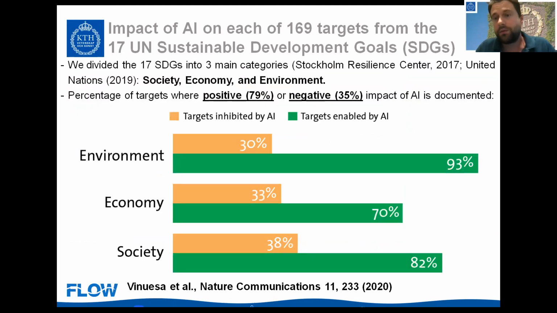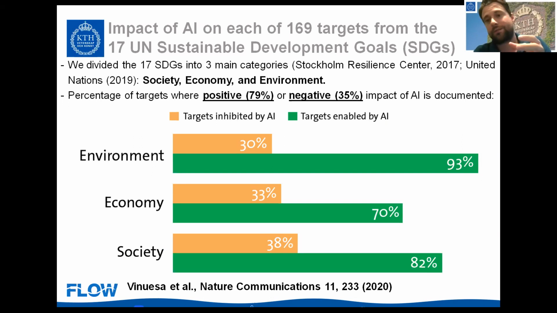And what we found, following up on how AI can affect very diverse areas, was that from the 169 targets that we have in all these SDGs, 79% can be positively affected by AI, whereas 35% could see a negative effect due to the progress of AI.